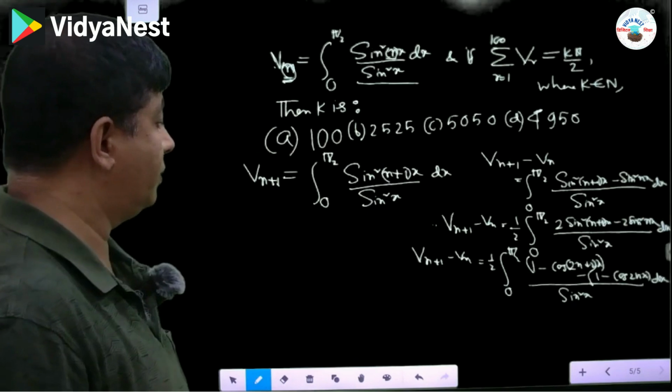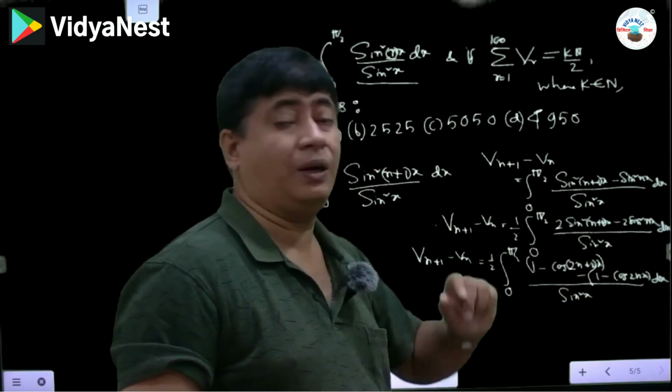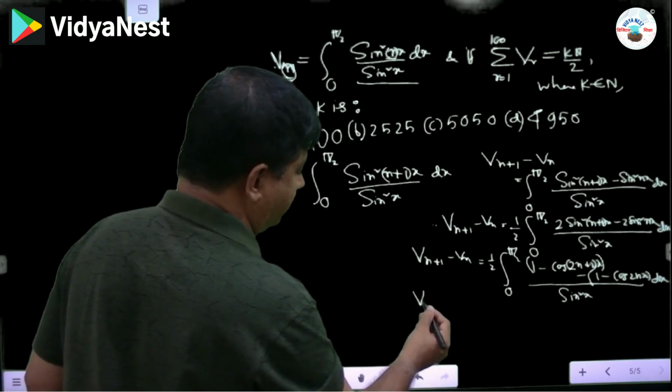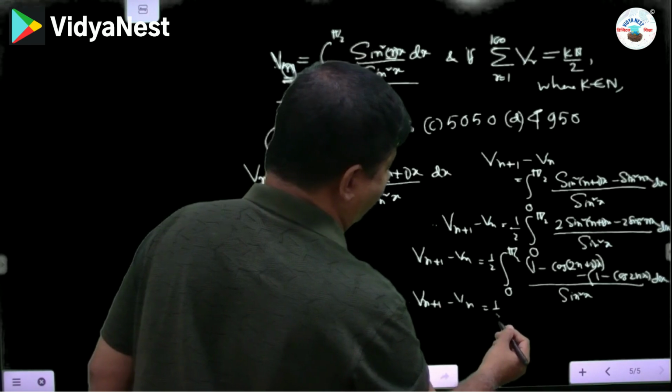Okay. So that one and this one will get cancelled. And Vn plus 1 minus Vn will become what?